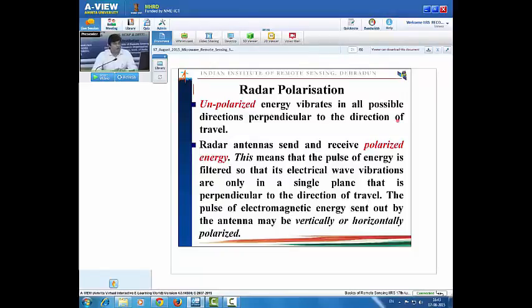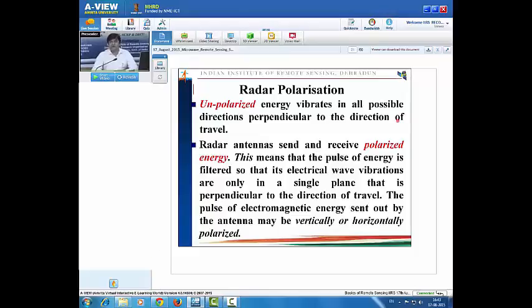So one will not be able to capture any information, or the sensor will not be able to capture any information. A lot of noise will be there. So to avoid those things, to extract particular information of the target, polarized electromagnetic pulses or polarized electromagnetic signals are used.